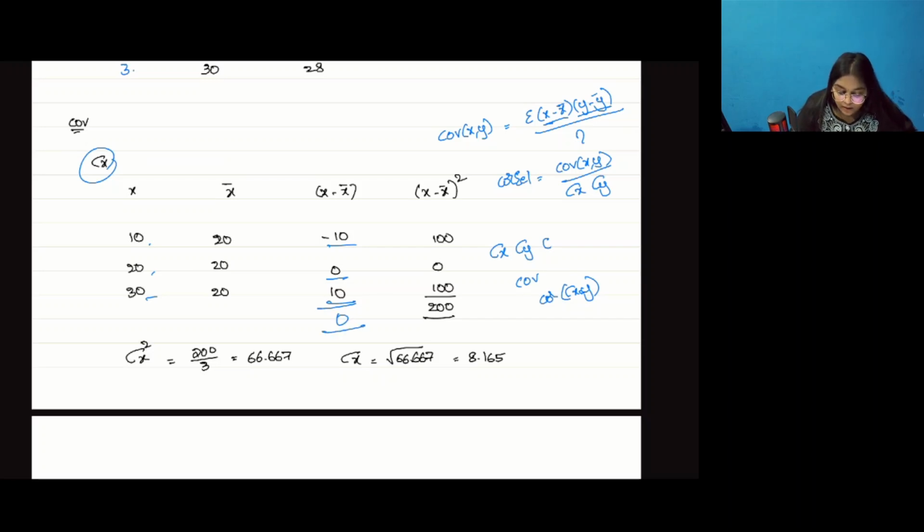So x minus x bar whole square will be minus 10 whole square, 100, 0, 10 into 10, 100.